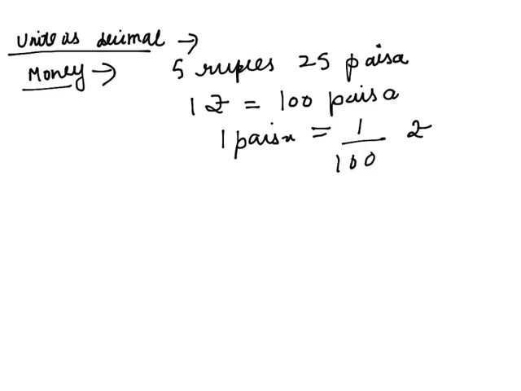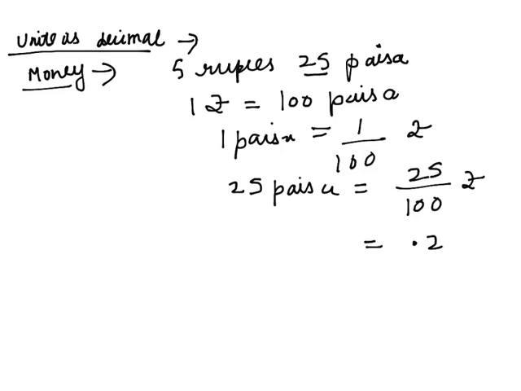Now we convert the 25 paisa into rupees. 25 paisa can be written as 25 by 100, which is 0.25. Now 5 rupees and 25 paisa can be written as 5.25 rupees. So the smaller unit we can represent after the decimal point.